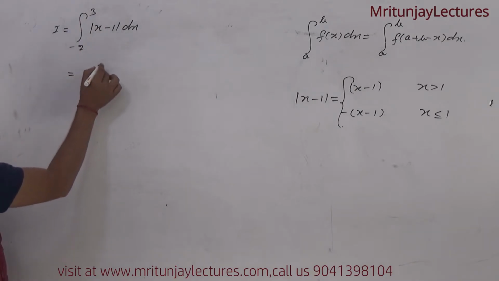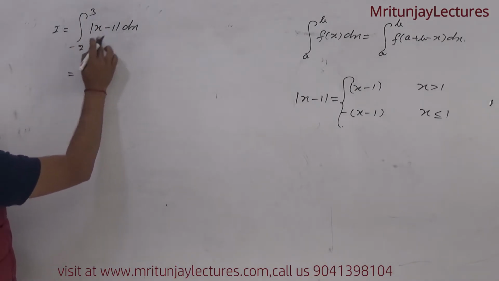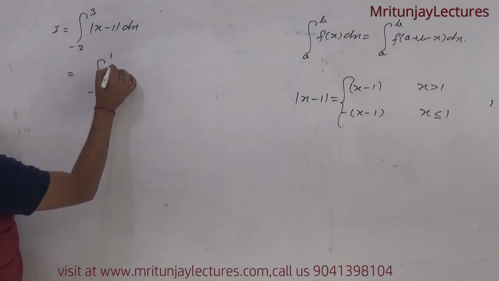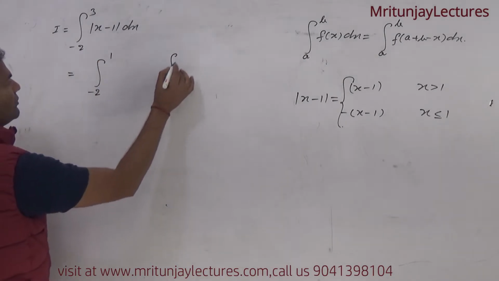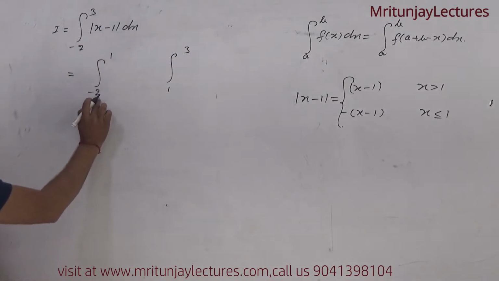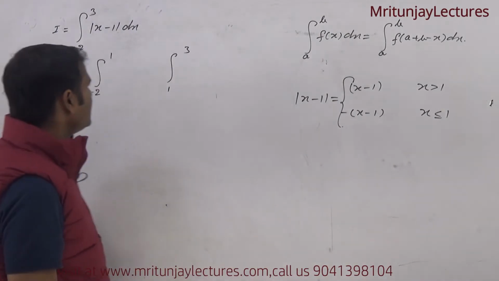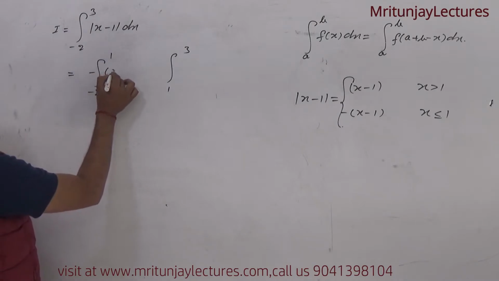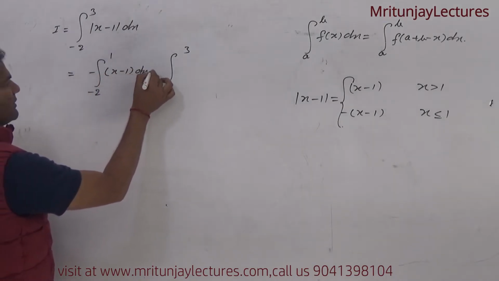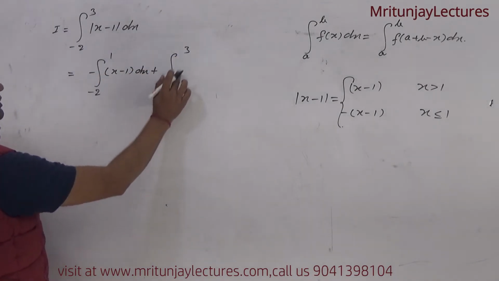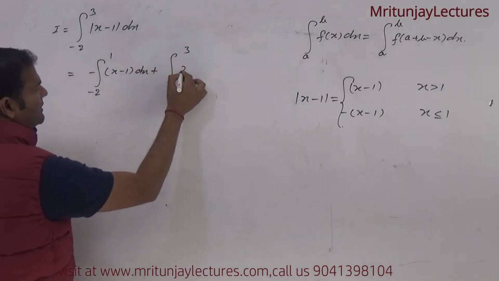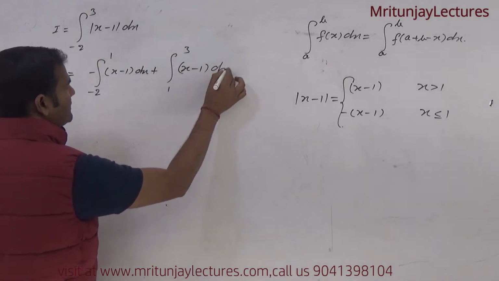Now for this modulus, we split the interval into minus 2 to 1 and 1 to 3. During minus 2 to 1, it is written as minus of x minus 1 dx, plus in between 1 to 3, this interval is x minus 1 dx.